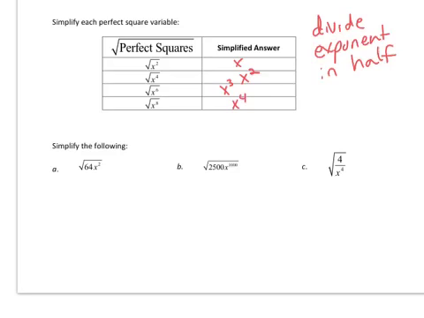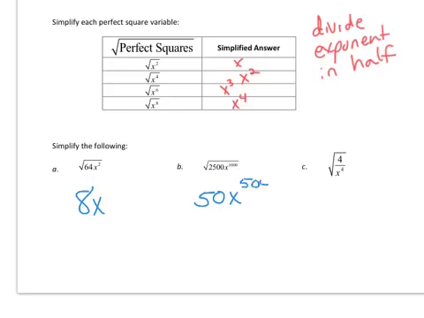So here's what we're going to do. We're going to simplify the following. Now if you look at this one, we always look first. 64 is a perfect square, and x squared, because it has an even exponent, is also a perfect square. So we can completely undo this, and it becomes 8x. The square root of 2500 is 50, and the square root of x to the 1000 is going to be x to the 500.